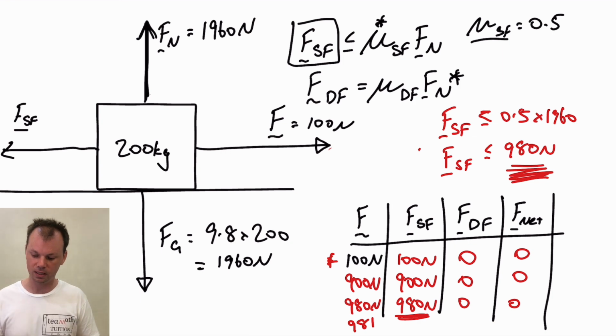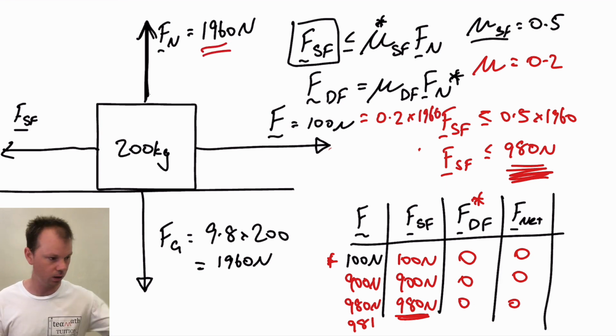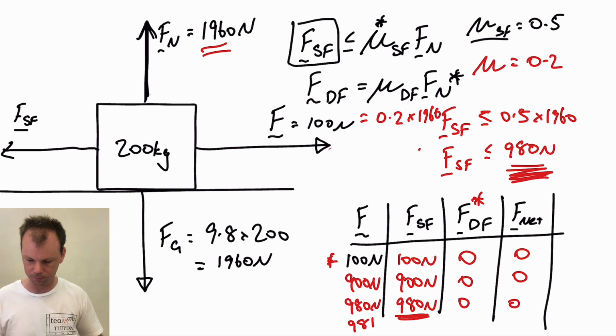We start using this dynamic frictional force. So normally that's less than the static frictional force, so we'll say it's equal to 0.2. So the dynamic frictional force is going to be 0.2 times the normal force, 1960. Do I have a calculator here? So we're going to get a dynamic frictional force of 392 newtons.